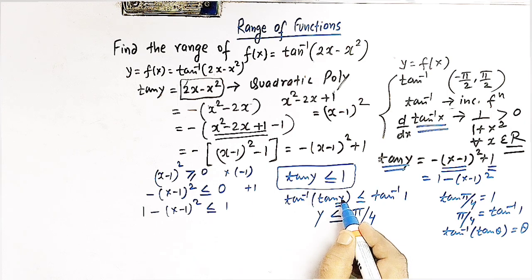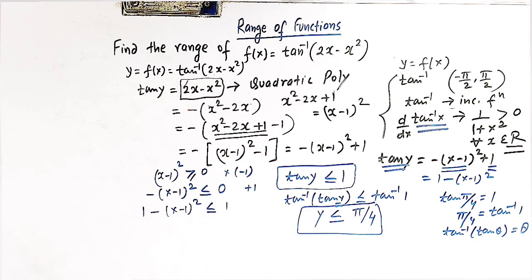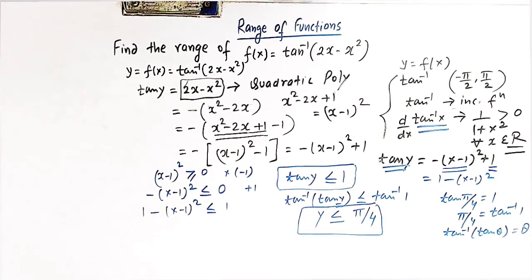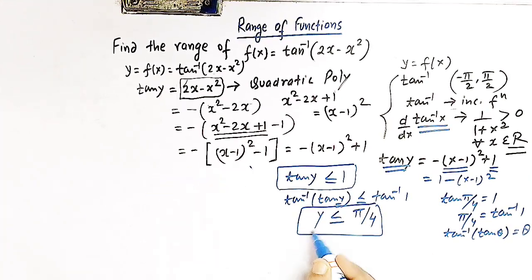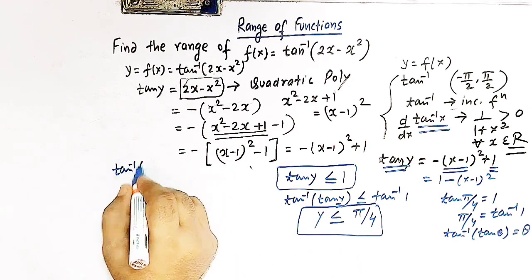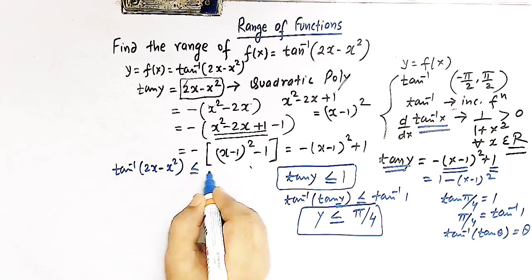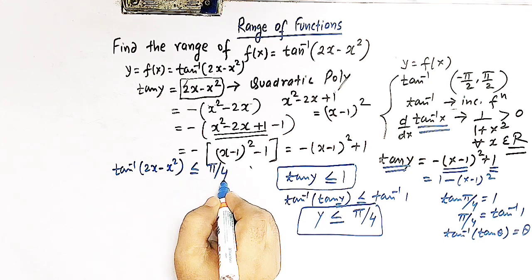So here we have y. So y is less than or equal to pi by 4. Now y is equal to tan inverse of (2x minus x square). So we can also write tan inverse of (2x minus x square) is less than or equal to pi by 4.